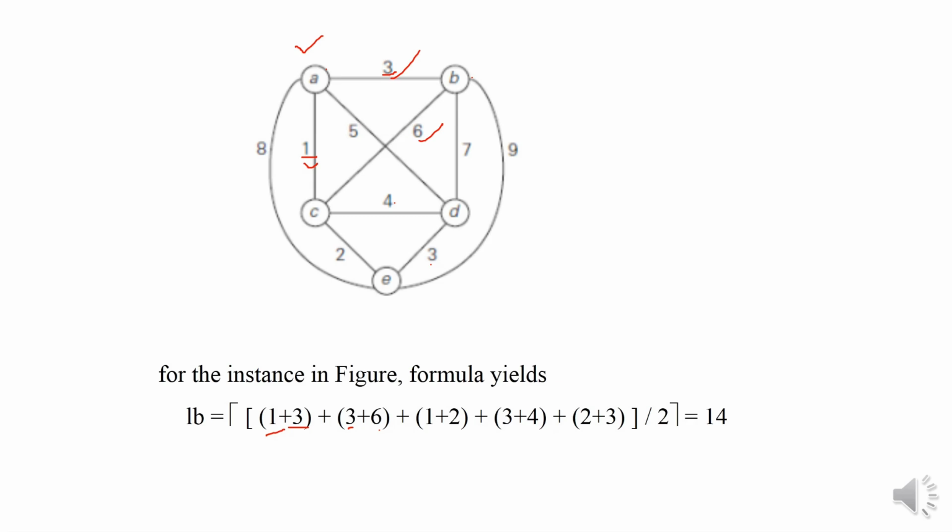And for the last city E, out of the edge weights 8, 2, 3 and 9, the least two are 2 and 3. So 2 plus 3. Hence we get 4 plus 9 plus 3 plus 7 plus 5. This whole value upper ceiling divided by 2. That is how we get 14.